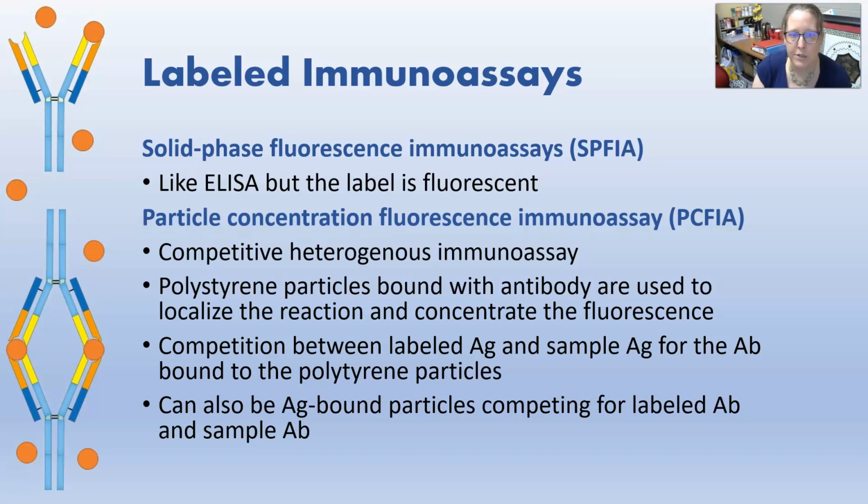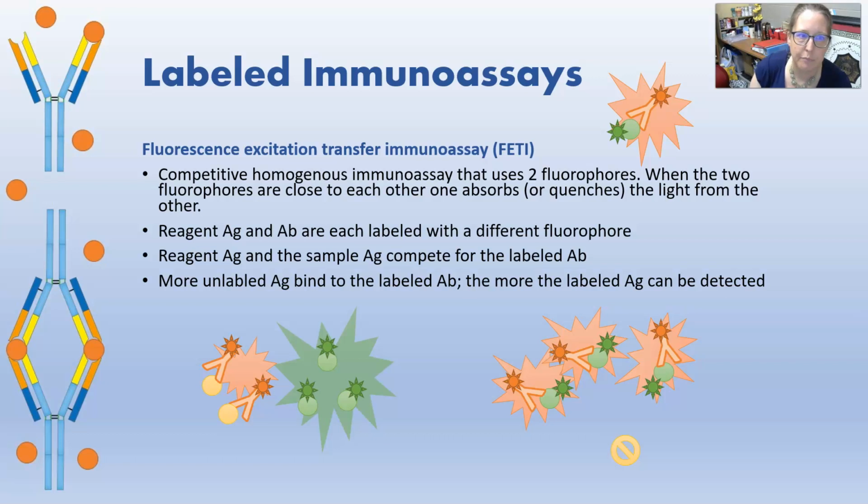They're used to localize a reaction and concentrate the fluorescence so it can be detected. There's competition between a labeled antigen and a sample antigen for the antibody that is bound to the polystyrene beads. And it can also be antigen-bound particles competing for labeled antibodies and sample antibodies. So you can use it to detect antigen or antibodies.